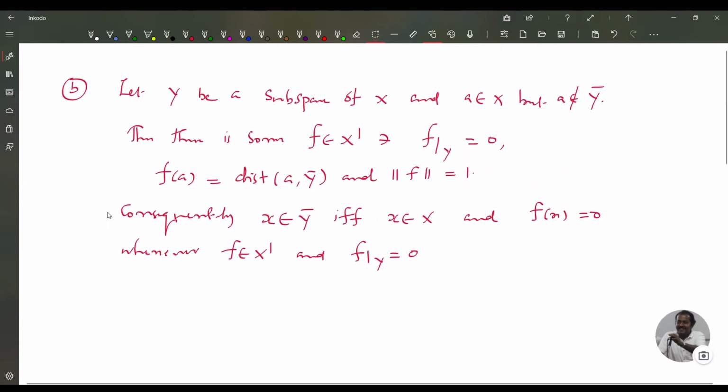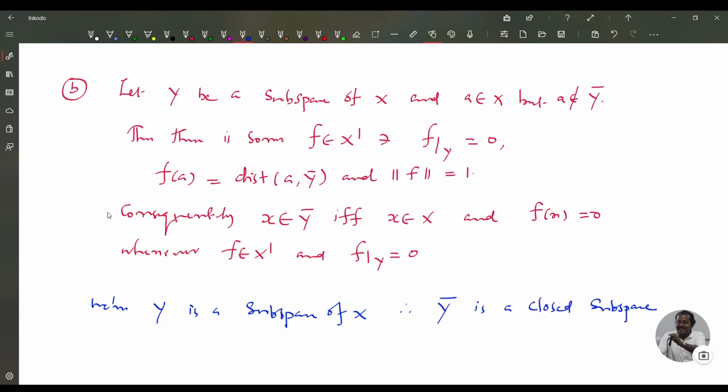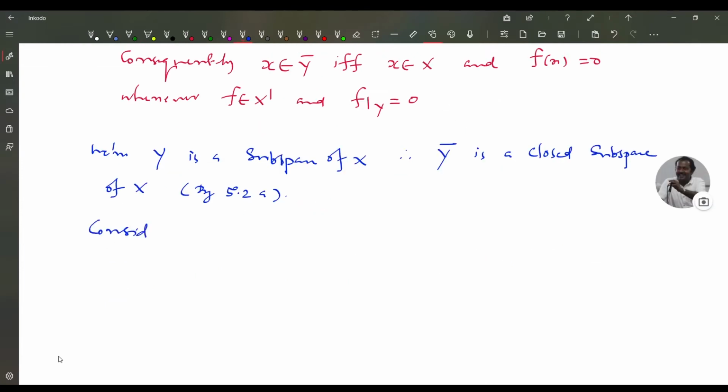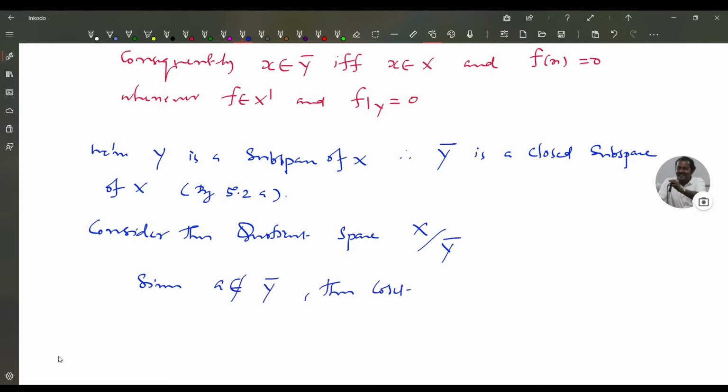Now we prove part B. We have Y is a subspace of X. Therefore, Y closure is a closed subspace of X by 5.2a. Consider the quotient space X over Y closure. Now since a does not belong to Y closure, the coset a plus Y closure is not 0 in X over Y closure.